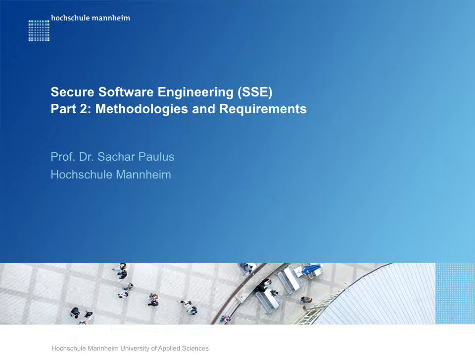The afternoon we will look at coding and testing. That will be rather a short thing, since you already talked about the OWASP top 10. But we will emphasize a little bit on how to code, and we will pick up the acceptance criteria from requirements engineering. And the last session will be on deployment.